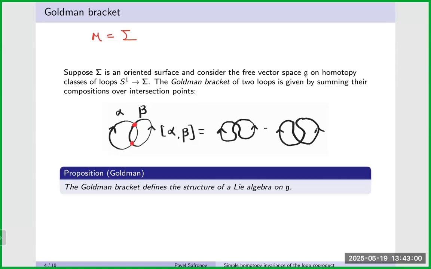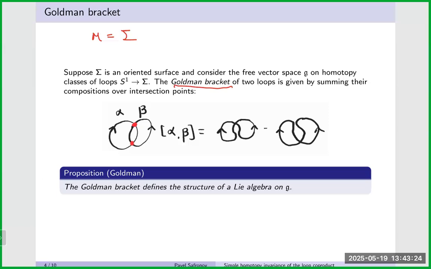So you can imagine literally you have loops on the surface. And on this vector space, there is a Lie bracket, which is called the Goldman bracket. If you imagine two loops on the surface, they will generically intersect.